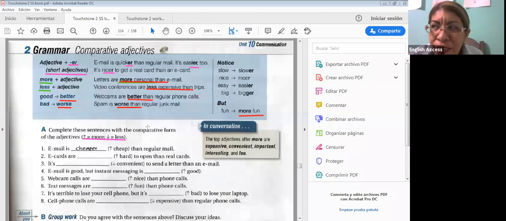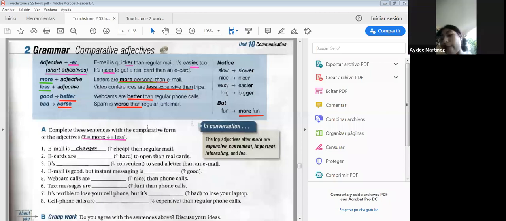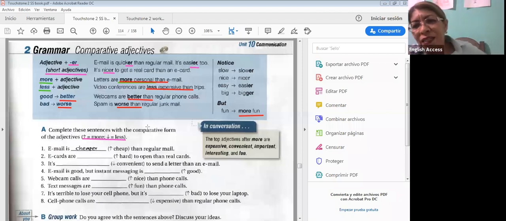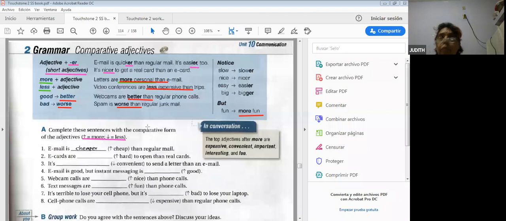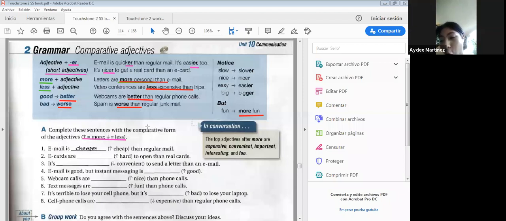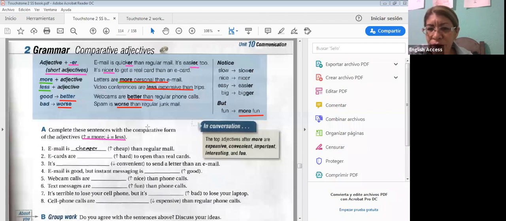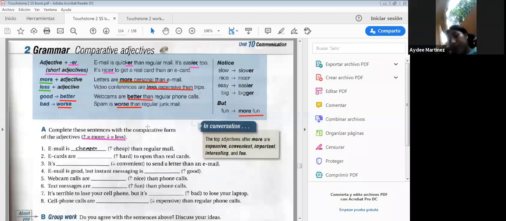Text messages are funnier. Funner. We saw that in the grammar chart. More fun. Yes, more fun than phone calls.